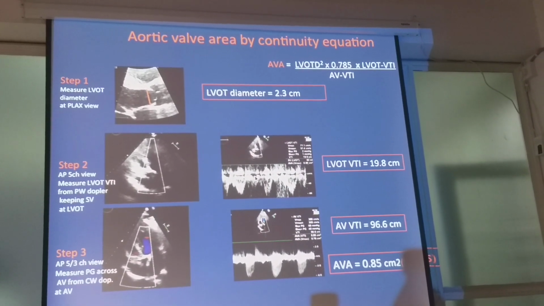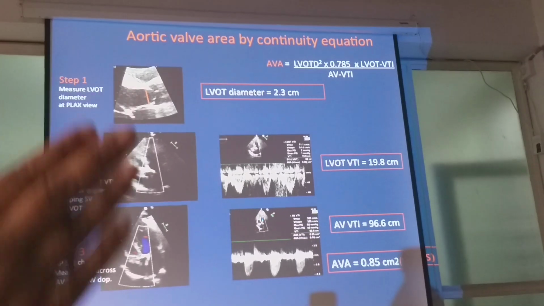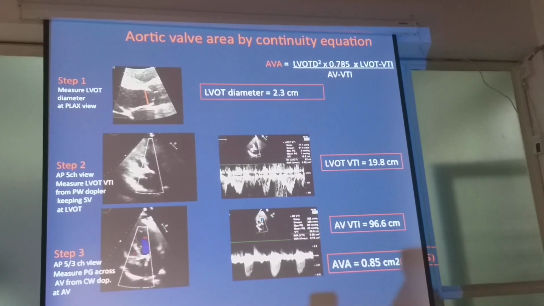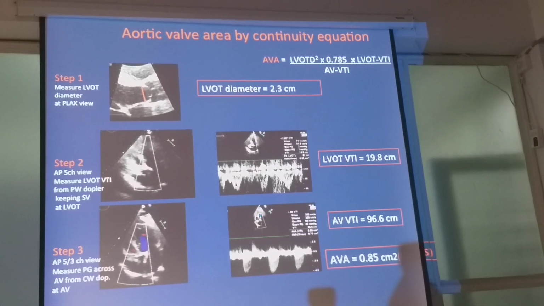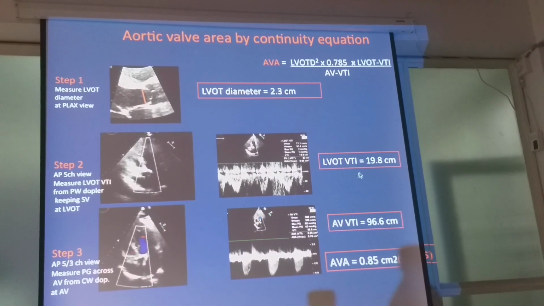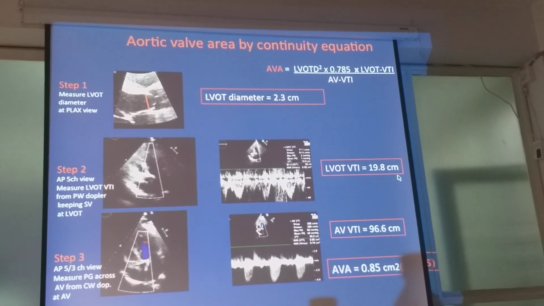It is the integration of the entire velocity. Okay, so integrate করতে হলে you will have to cover the area under the curve. So LVOT VTI is 19.8 centimeter.